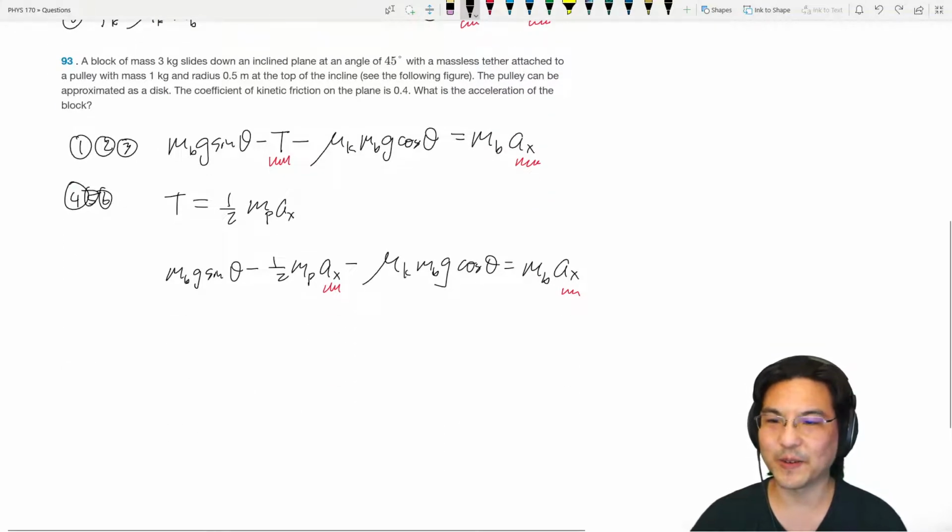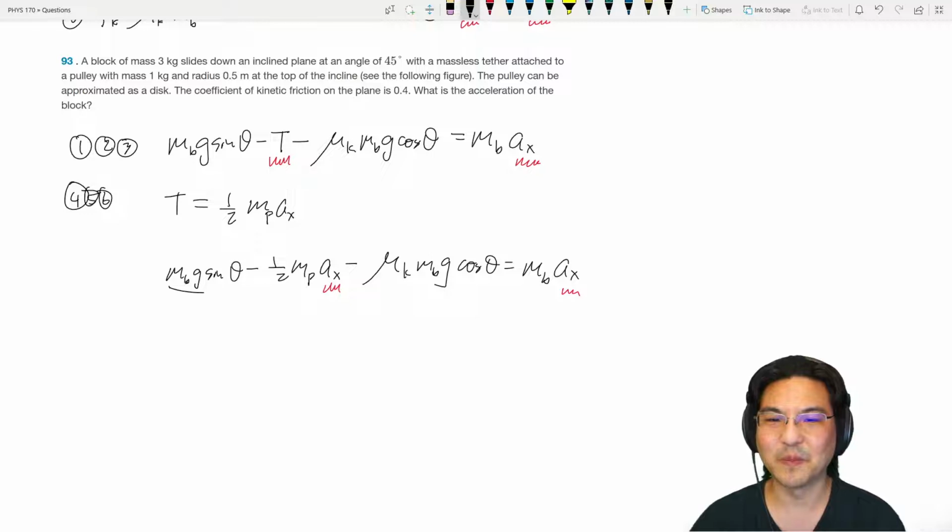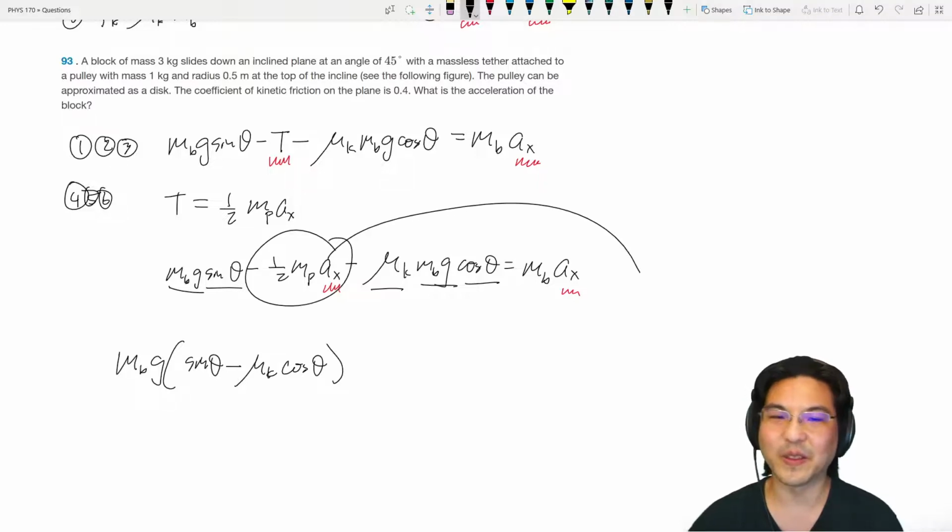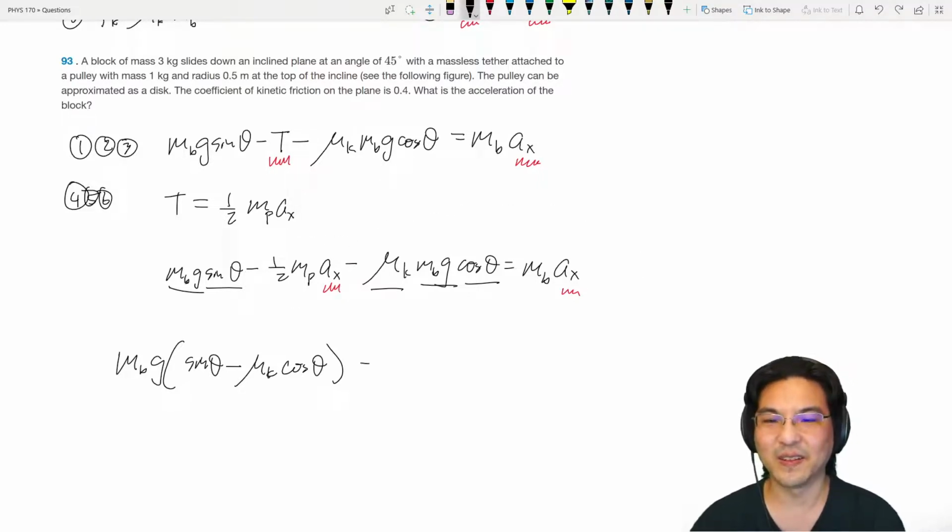Looks like I can factor a few things. MG, and then the leftovers, sine theta here, mu k cosine theta. And then this went on the other side. So that's MBAX plus 1/2 MPAX.